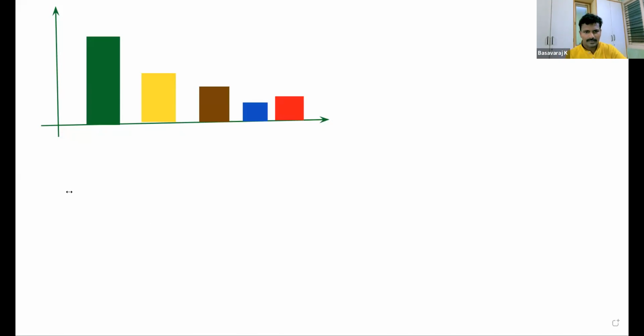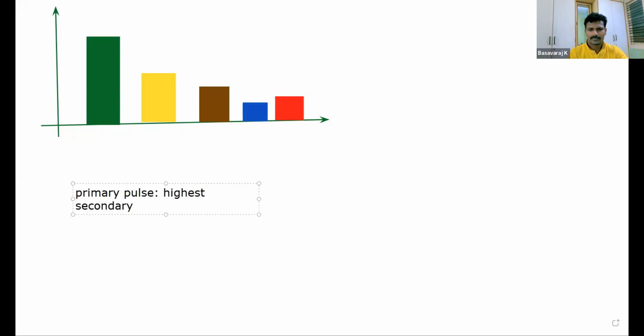First, we give importance to the primary pulse, which is highest, and the secondary pulse, which is second. The secondary pulse is humidity and the primary pulse is wind.